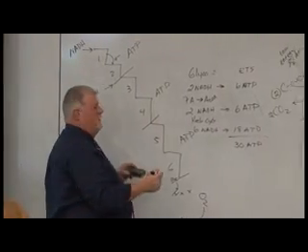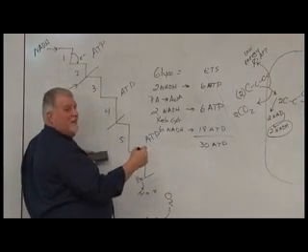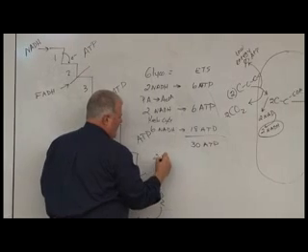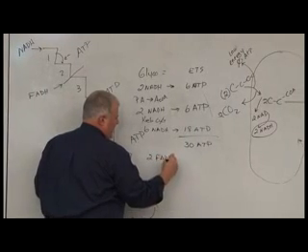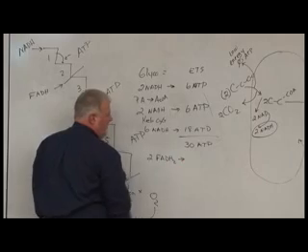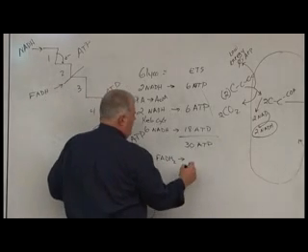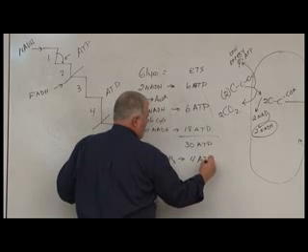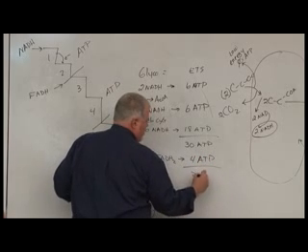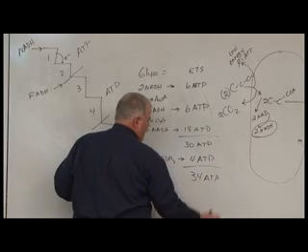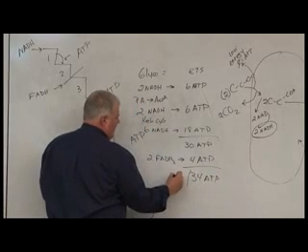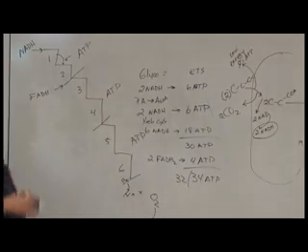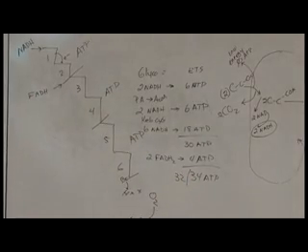None. So the only place we create FADH is the Krebs cycle. So we had 2 FADHs from the Krebs cycle. And how many ATP can we make? 2 for each one, so 4 ATP. So we end up with 34 ATP. It actually varies depending on the metabolic process, between 32 and 34 out of our electron transport system.